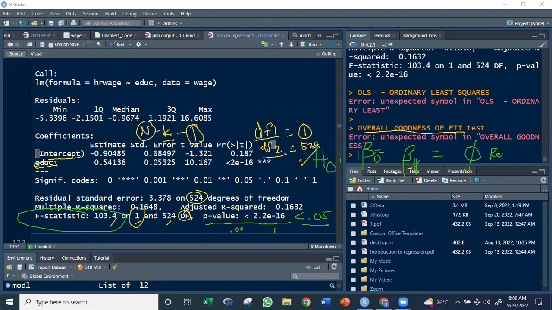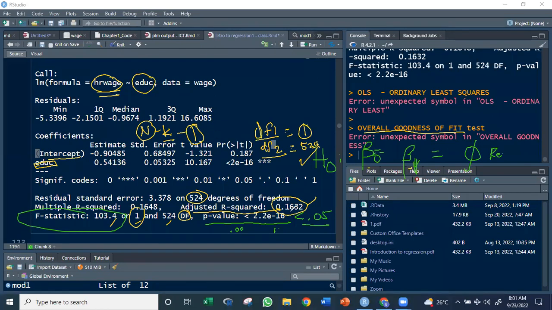It's important that we understand almost all of the elements here sa regression output. And then this one is important to us. Instead of the multiple r squared, this is more important to us, the adjusted r squared. And this tells us that 16.32% of the variability of your hourly wage, kasi ito yung tinitingnan natin, di ba, yung variation ng dependent variable natin, can be explained by education.